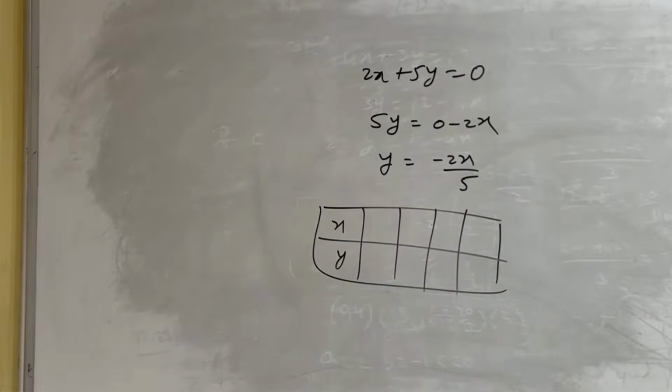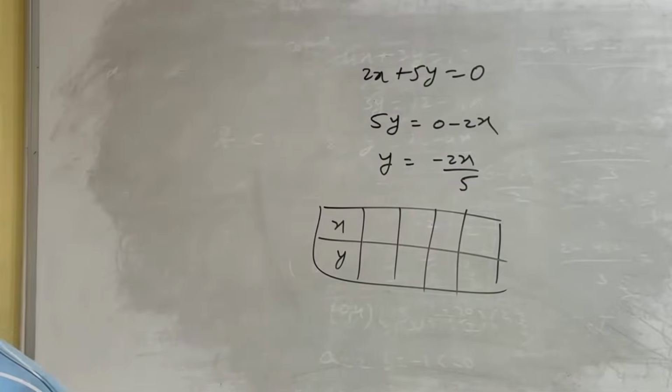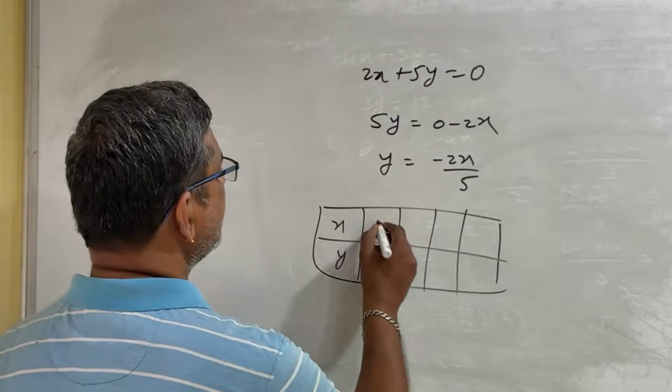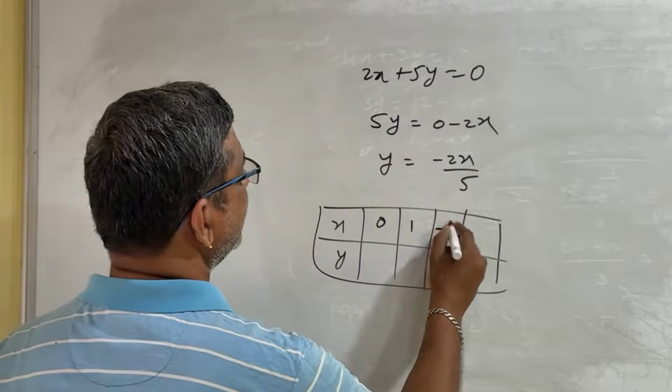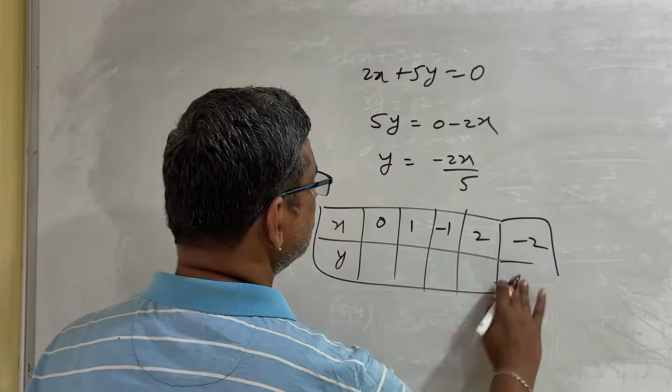Any four solutions? Fast. You can keep x as 0, 1, minus 1, 2, minus 2.